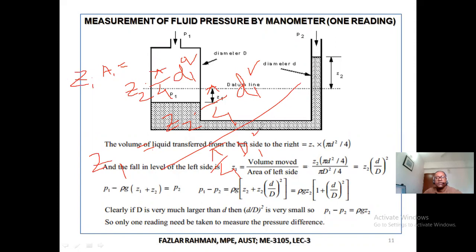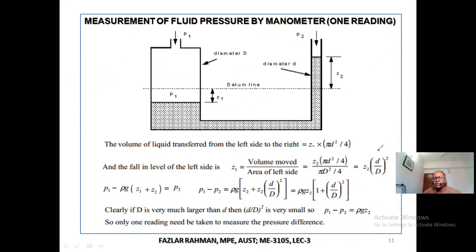So now you see the pi by 4 will cancel out. So ultimately you are getting Z1 equal to d divided by D whole square into Z2. That is shown right over here, so I can erase it. That means Z1 equals this value.